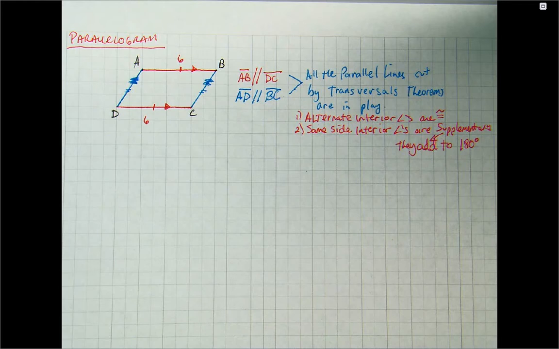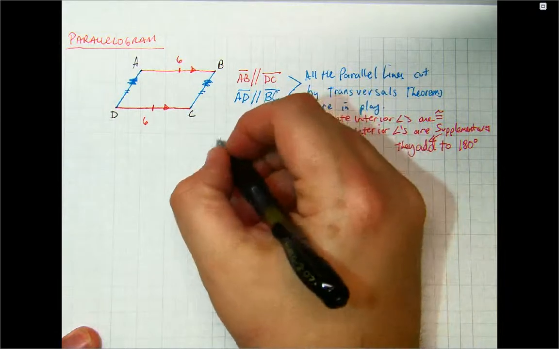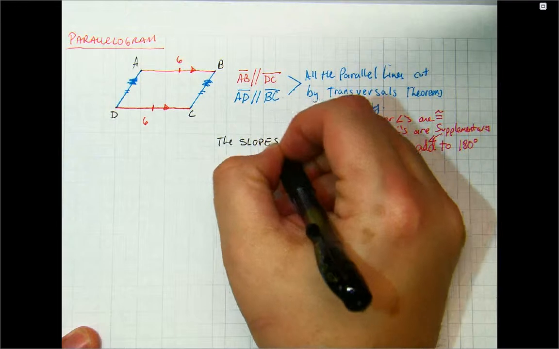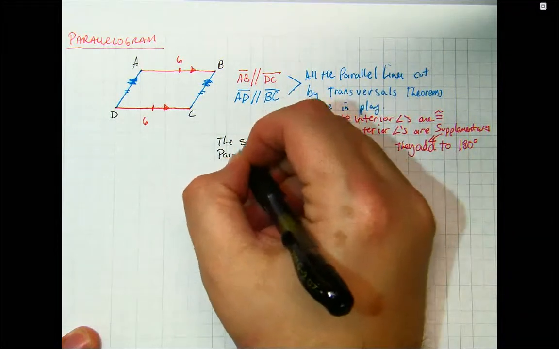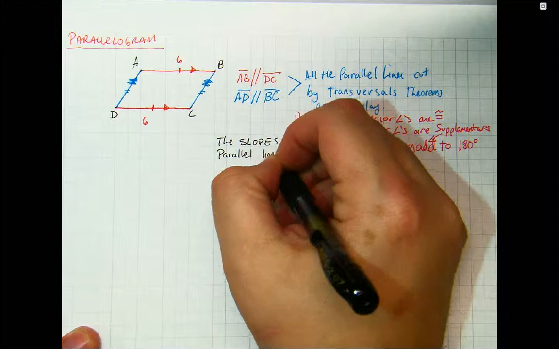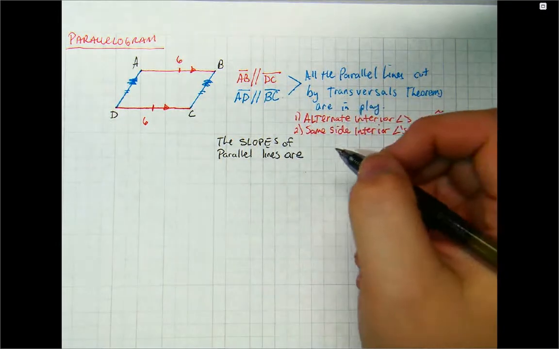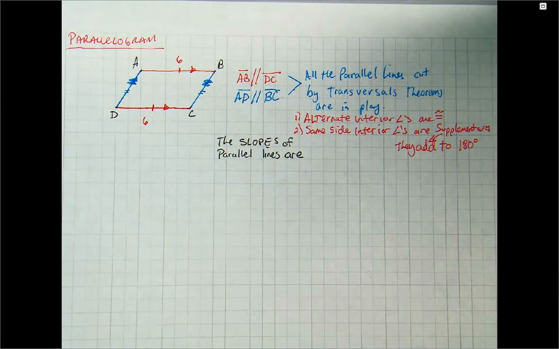Now, a couple other things, because lines are parallel. What can we say about the slopes? What do we know about slopes of parallel lines?